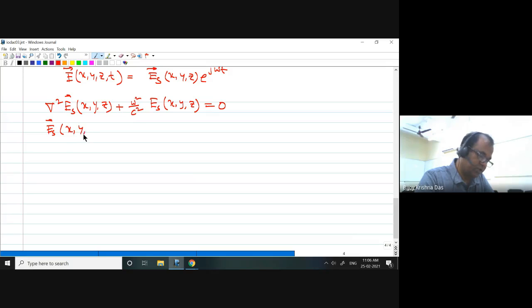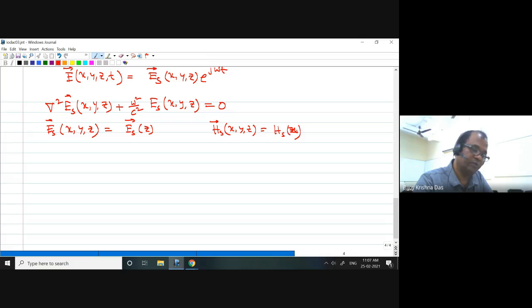instead of three-dimensional dependency x, y, z, let us consider that it is only varying along the z direction in a spatial way. Okay. Similarly, if you think of the associated magnetic field, you can also say that it is varying only along z.